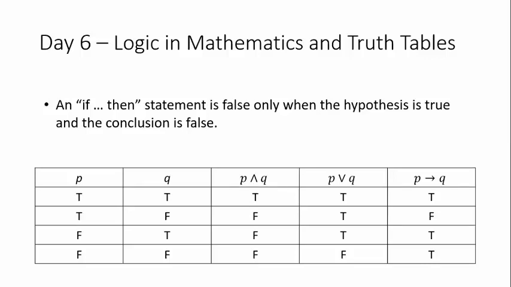And if both statements are false, then the statement if P then Q is true. You need to memorize this table. You need to memorize the truth values for and statements, or statements, and these if-then statements.